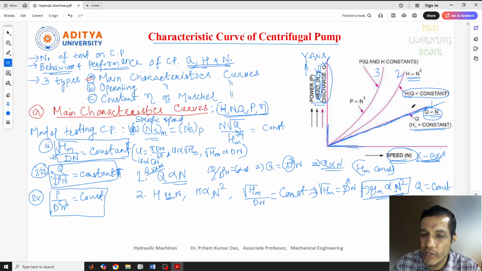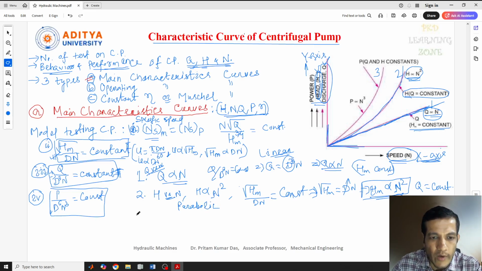And if you see this relation, this curve is showing a parabolic shape, because the square is there. So in the first one we got a linear relation, and in the second one we are getting a parabolic curve. Okay, now we'll come to the third one.